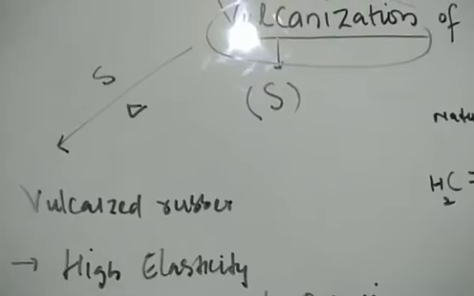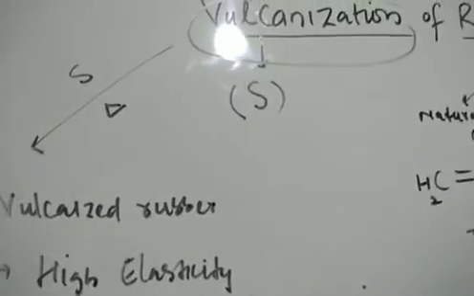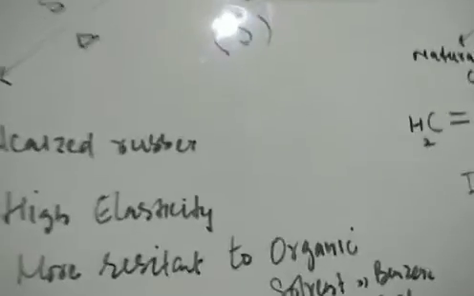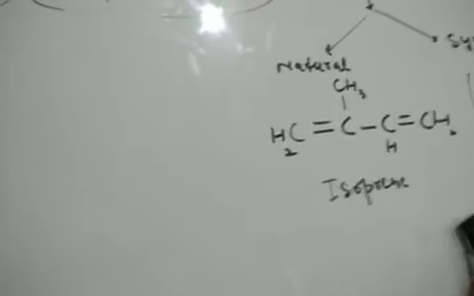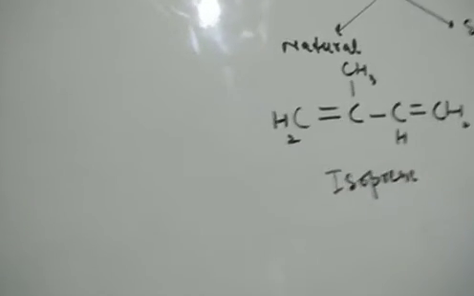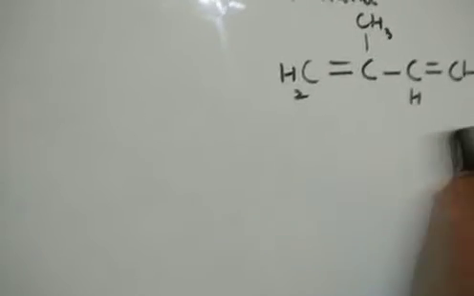Now, what actually happens when we heat this rubber in presence of sulfur? That's our last concern. We have natural rubber here, you can see the structure, 2-methyl-1,3-butadiene.